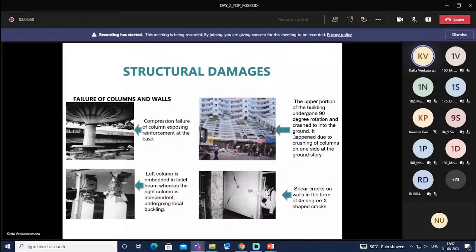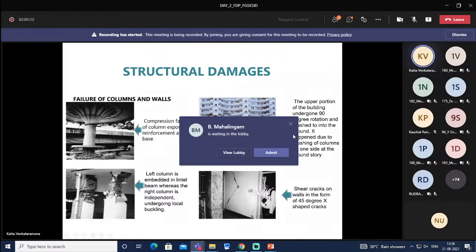Structural damages, compression failure of column exposing reinforcement at the base. Here, two columns are there. The left column is embedded in a lintel beam, whereas the right column is independent and undergoing local buckling.